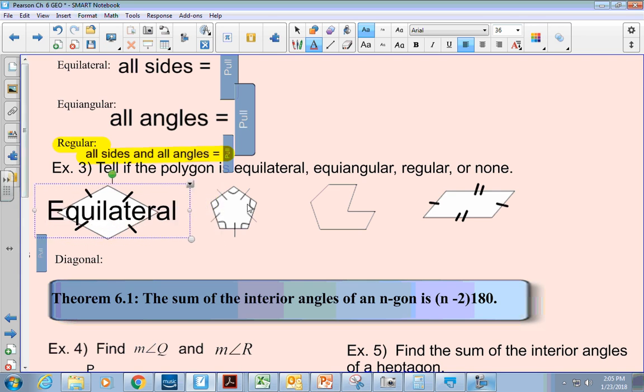All right, this shape right here, all the angles are congruent and all the sides are congruent. So it is equilateral. That takes care of the sides. It's equiangular. It says, tell if the polygon is equilateral, equiangular, regular, or none, and it technically qualifies for all three. Equiangular.